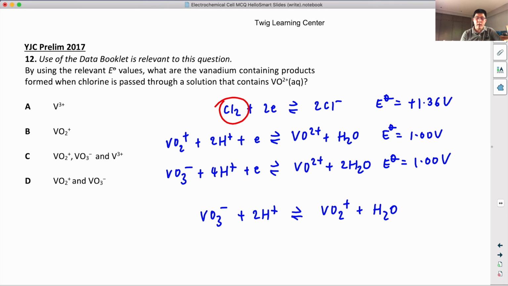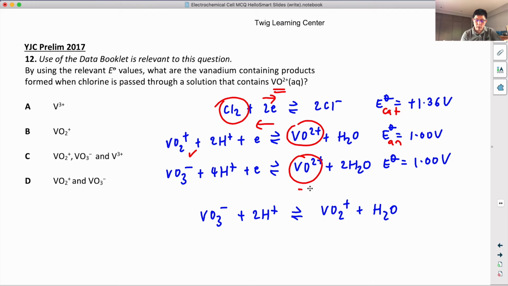Chlorine will react with VO2+, and this one you must look for on the right-hand side. In the data booklet, you notice there are two of them here. If you calculate your E cell, this is your E cathode, which must undergo reduction, and this must undergo oxidation, and this is the E anode. You realize the E cell is positive, so it will work. So definitely you can get this.